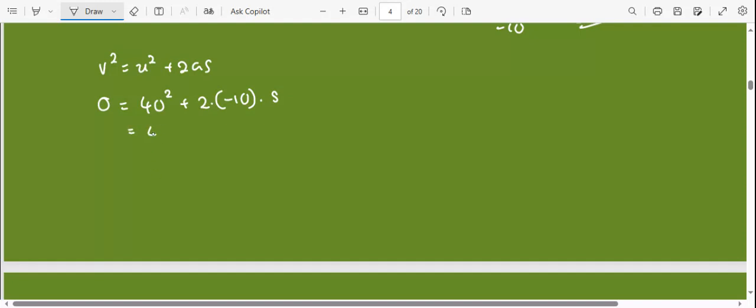So this is 1600. 2 into 10 is 20, but it is minus into s. So s is coming as, I think, 80 meters. So 80 meters is the maximum height reached by the object.